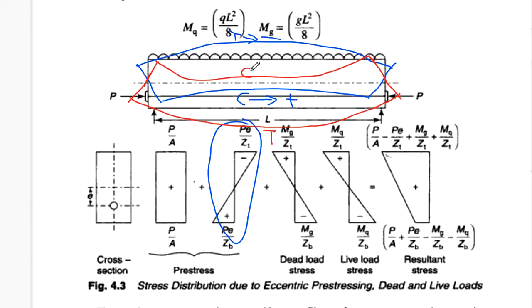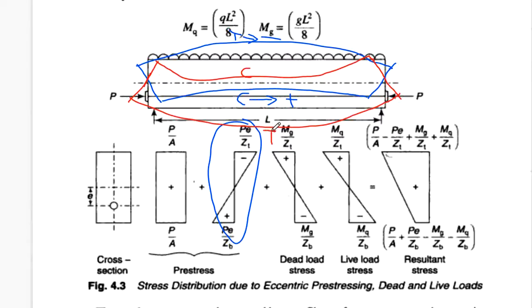Once we apply the dead load, or due to the self weight, the beam will try to bend in the downward direction. Due to the bending of the beam in the downward direction, the topmost fibers will be under compression because shortening is going to take place at the top and elongation is going to take place at the bottom.